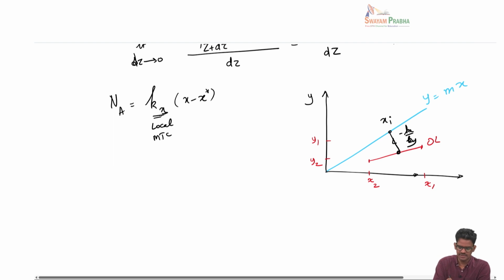That is why this x means a liquid phase. Or equivalently, we can use the overall mass transfer coefficient. Sorry, actually this is not x star, this should be xi.